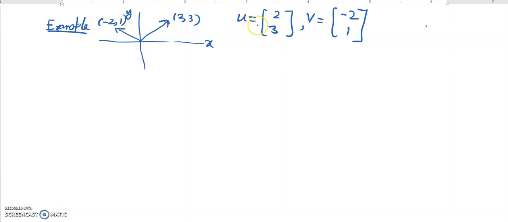For example, if we multiply 2 by minus 1, we get minus 2, but we cannot get 1 from the other component by that same scalar. So these u and v are independent vectors.